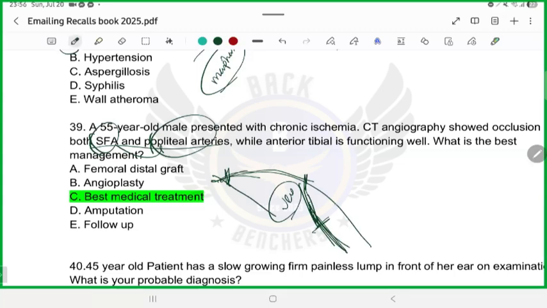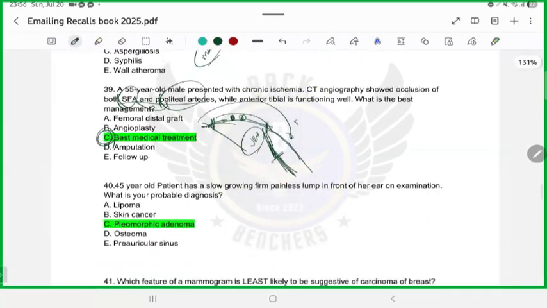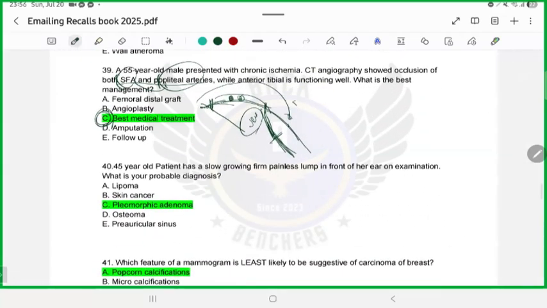We have only the anterior tibial artery functioning. Where do we take the line? So it's quite impossible. The best thing to do is medical treatment. If this occlusion gets a little bit improved, then we can think about bypass. Angioplasty is totally impossible, this long segment.